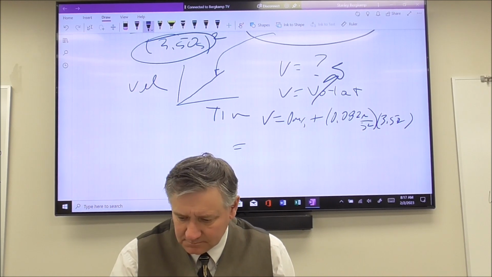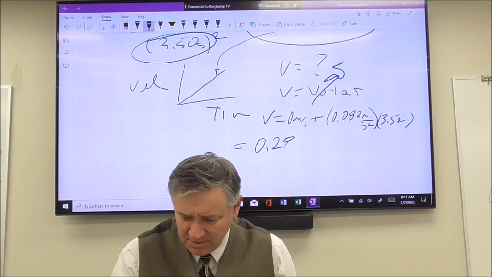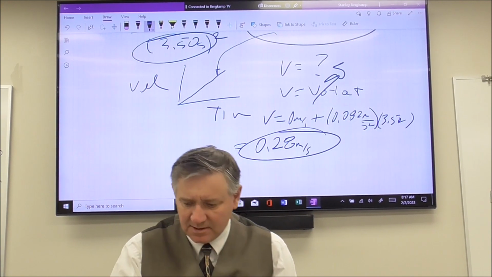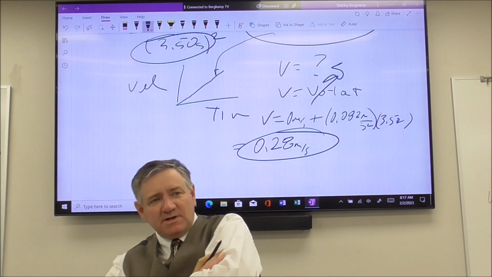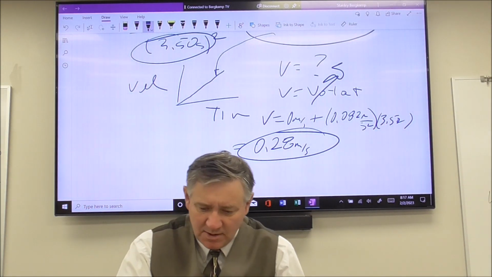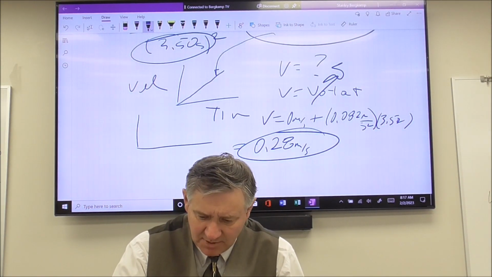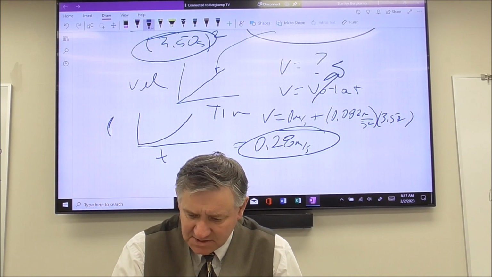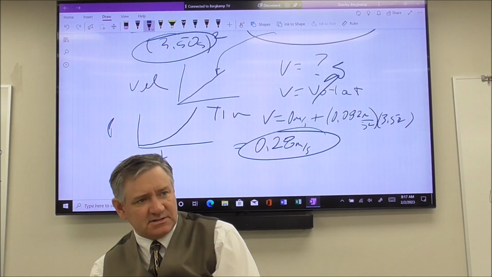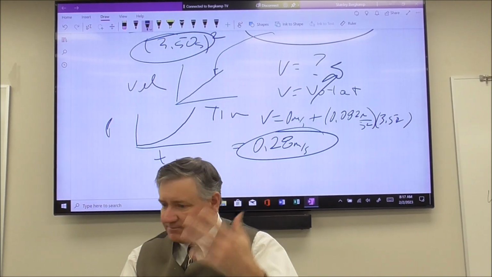You get 0.287. Call it 0.28 meters per second. Okay? There you go. So once you get numbers, you can do a lot with it. You can draw a position-time graph and go, okay, I know my position-time graph is going to look something like this because it's a quadratic function.